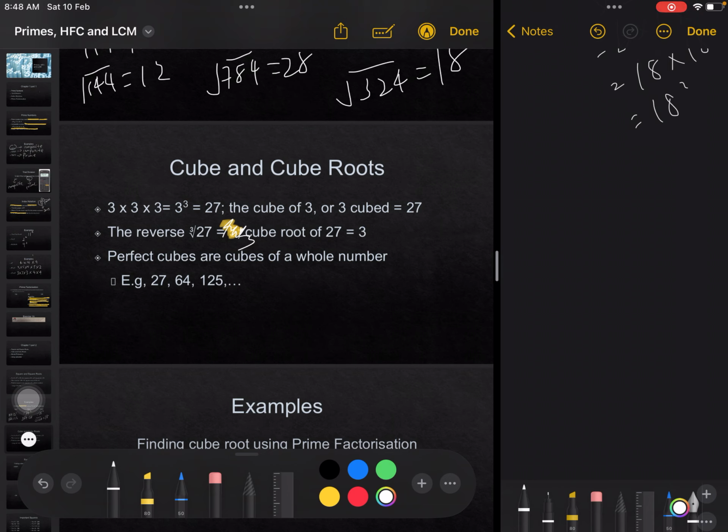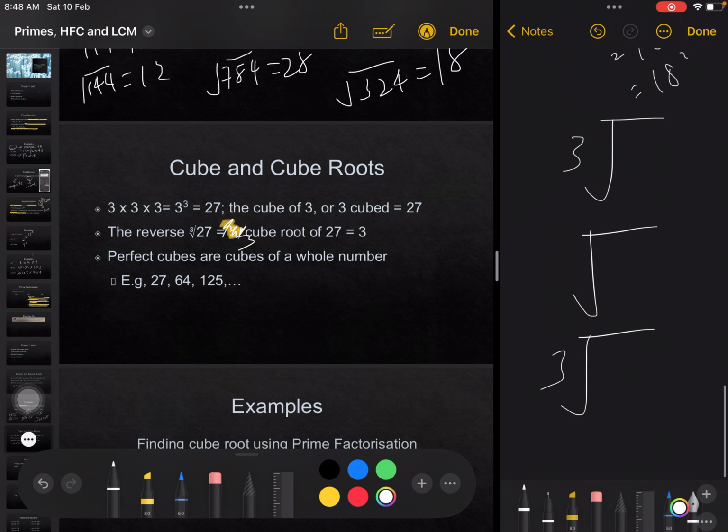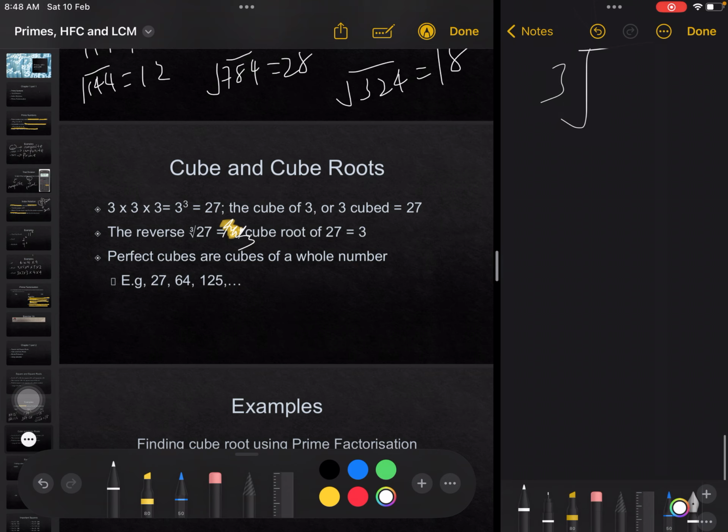This sign here is cube root. We learn this is square root, and with a 3 here is cube root. But there's no quadratic root. I mean, this is not a 4 root or anything. We don't call it like that. So cube root of 27 is 3.